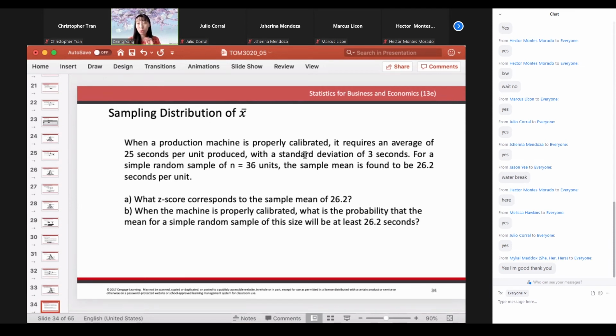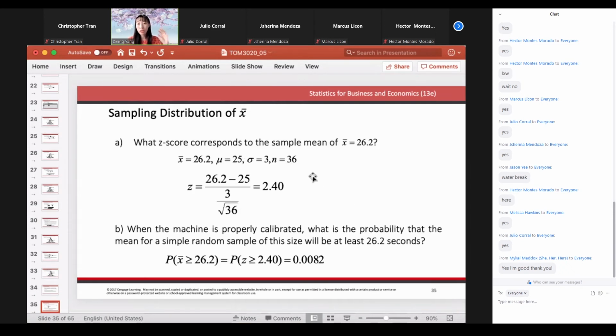I want you to identify what's X bar, what's mu, what's sigma, what's n, and then use the formula to figure out the Z and the probability. Once you do that on your own, check your answer with slide 35.